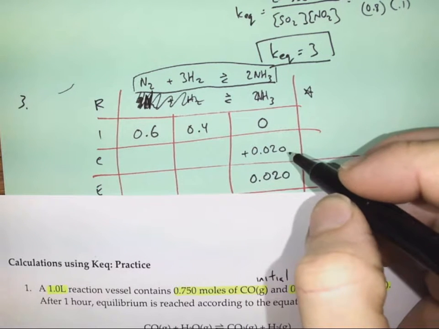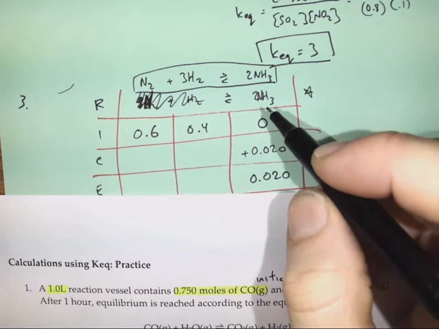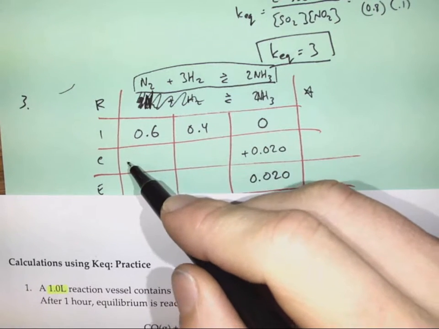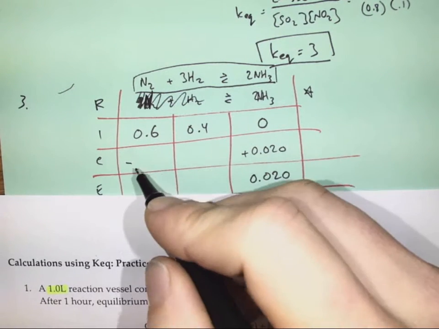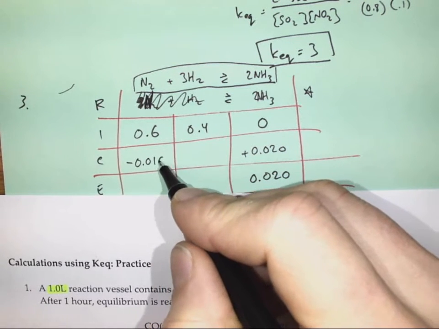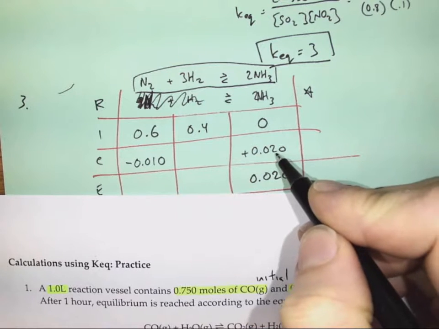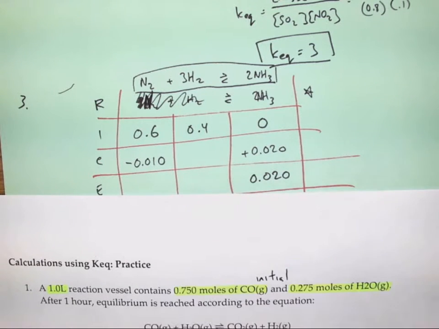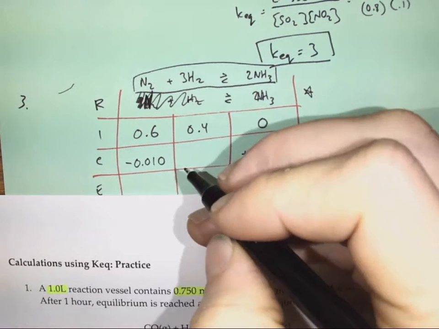And so what that means is that I'm going to be consuming exactly half this number of moles for every 1 liter. So half of 200ths is 100th. 100th is what I'm trying to say.